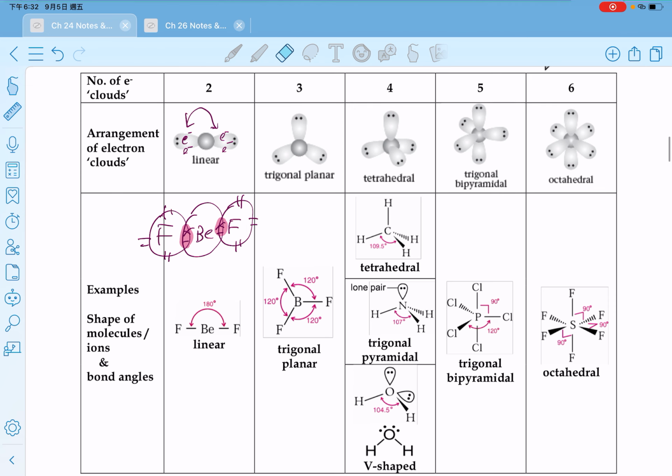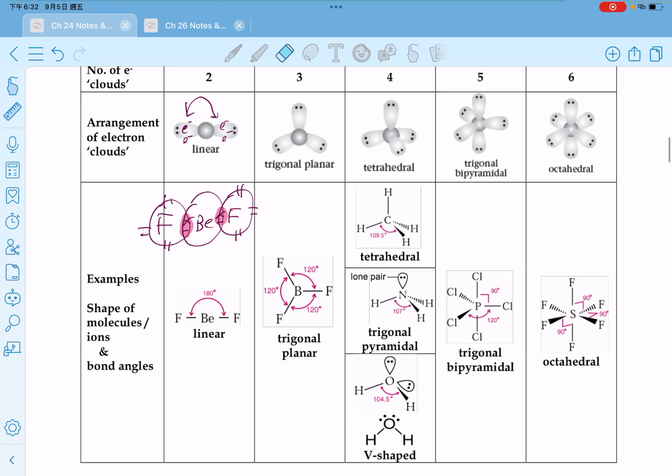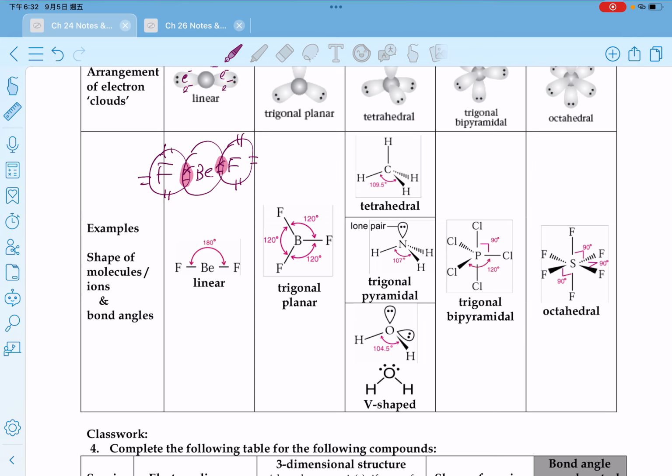So I use another case, which is NH3. Now for the NH3, when we draw it, the 3 hydrogen atoms each share 1 electron with the nitrogen atom. So we see that there should be 1, 2, 3, 4.